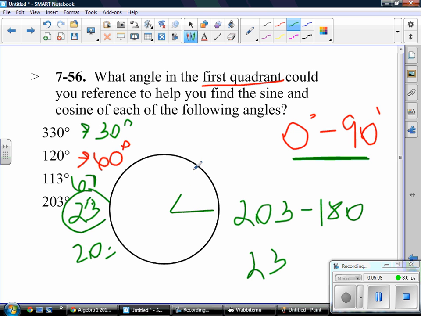Okay, so this is first quadrant, second quadrant, third quadrant, fourth. When I'm over in 2 and 3, that's when I'm comparing it to 180. If I'm in 4, I'm comparing it to 360. If I'm in quadrant 1, that's just what it is, because we're usually trying to get an answer that's in quadrant 1 numbers. Okay? So I use my reference angle, comparing it to 360 and 180.